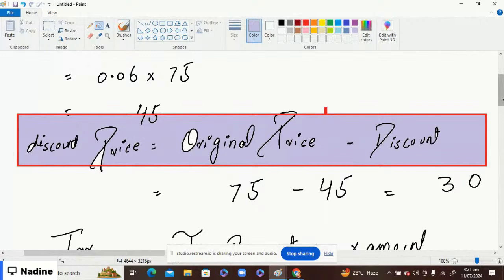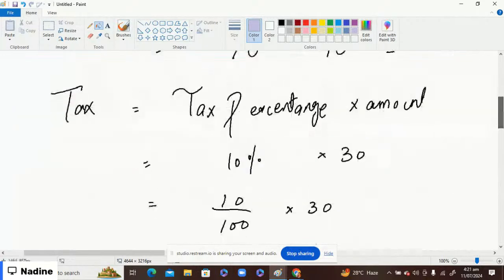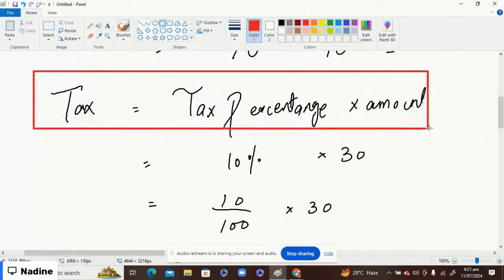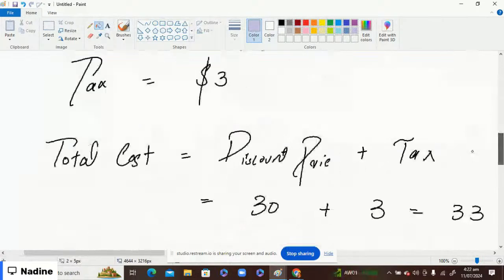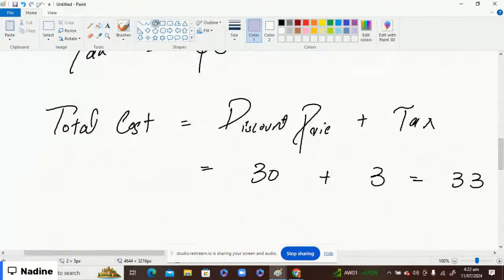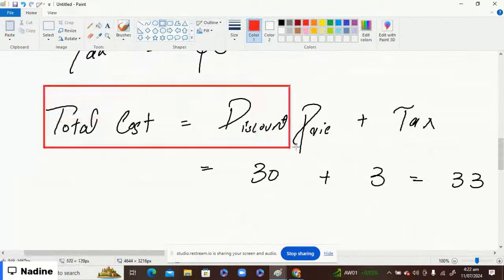Second formula that you need to understand is tax, okay? The tax formula, it's here, and you need to memorize it as well, okay? These two. Then for the third, last but not the least, this one.